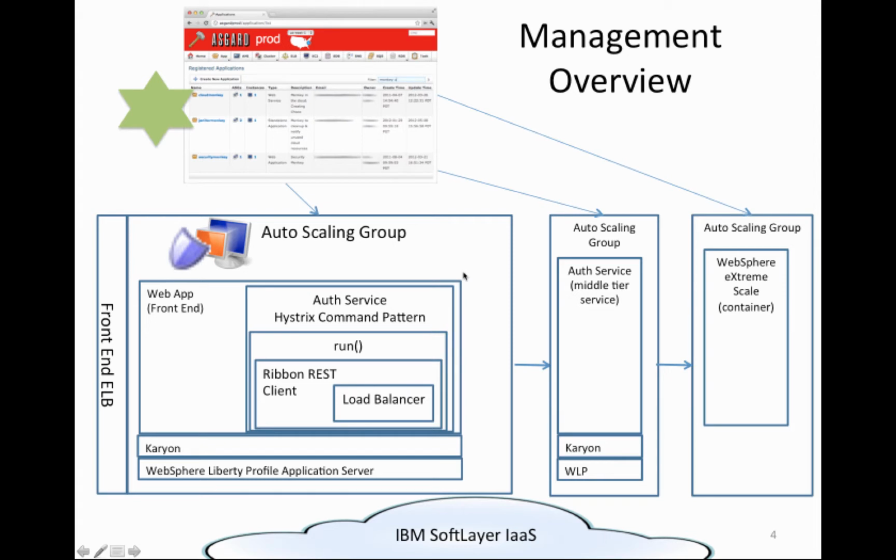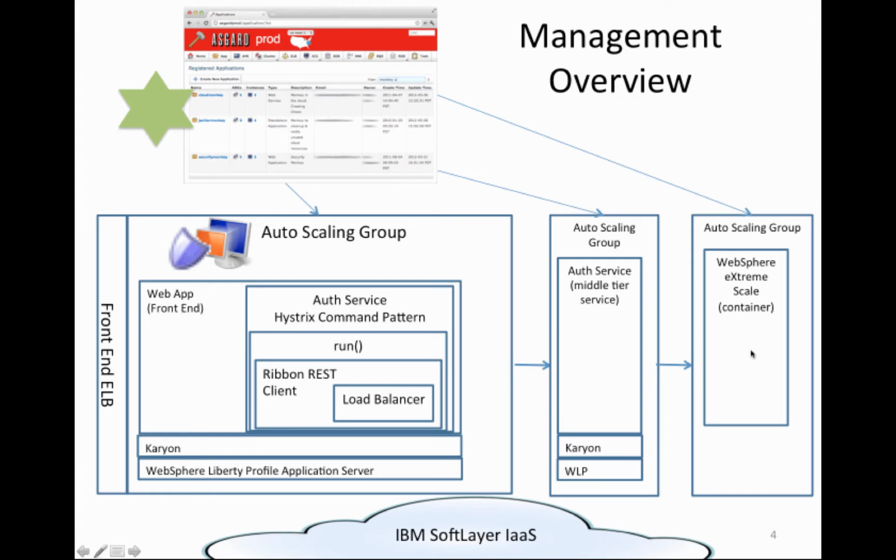So that's an EC2 concept, but there are other implementations of that I'm about ready to show you. Right now we have 1 instance of the web application in a group, 1 instance of the auth service in a group, and 1 instance of the extreme scale container, the data grid, in a group.